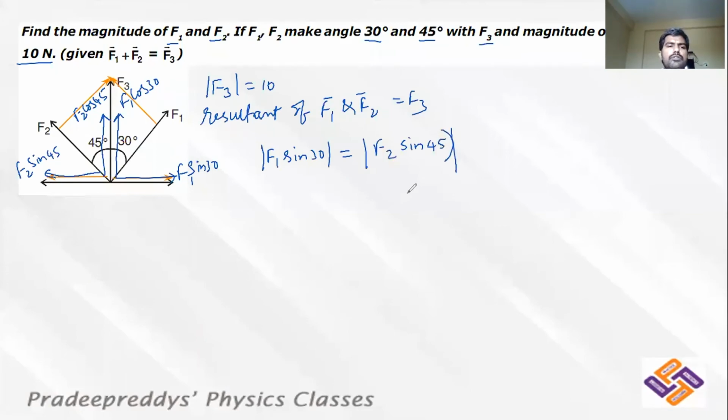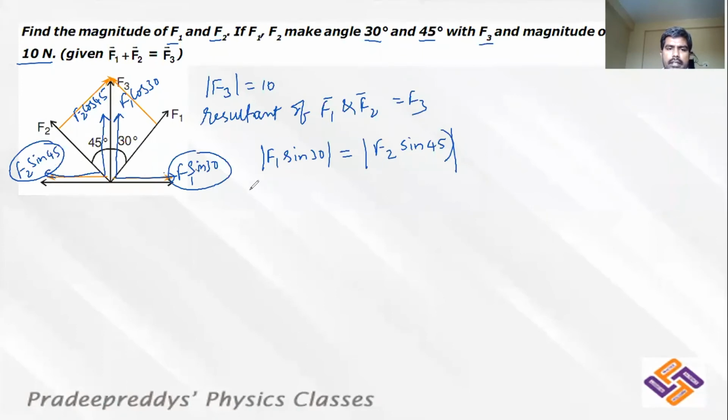When you have two vectors in such a way that their resultant is along a line, you can resolve those two vectors into components and equate the components which are opposite to each other. So F1 sin 30 and F2 sin 45 are opposite to each other. This is one and this is the other. So the magnitudes of these two will be numerically equal in this situation.